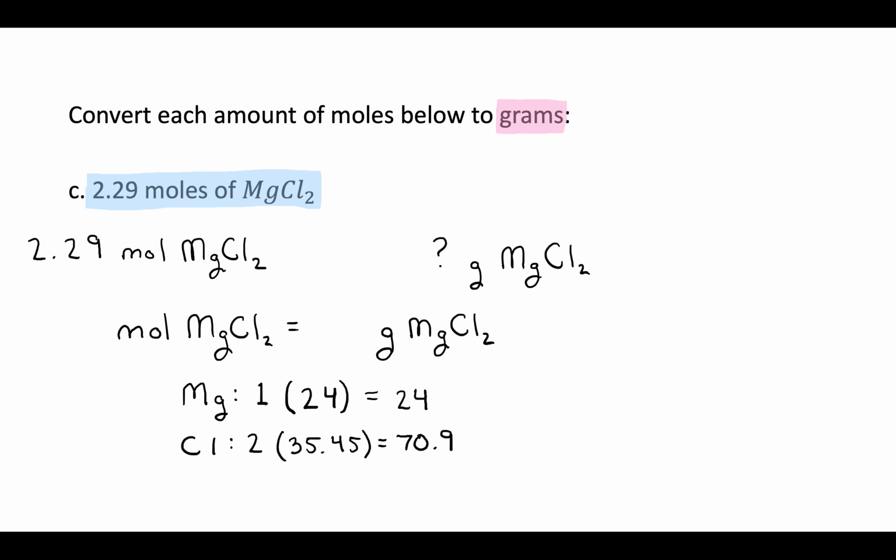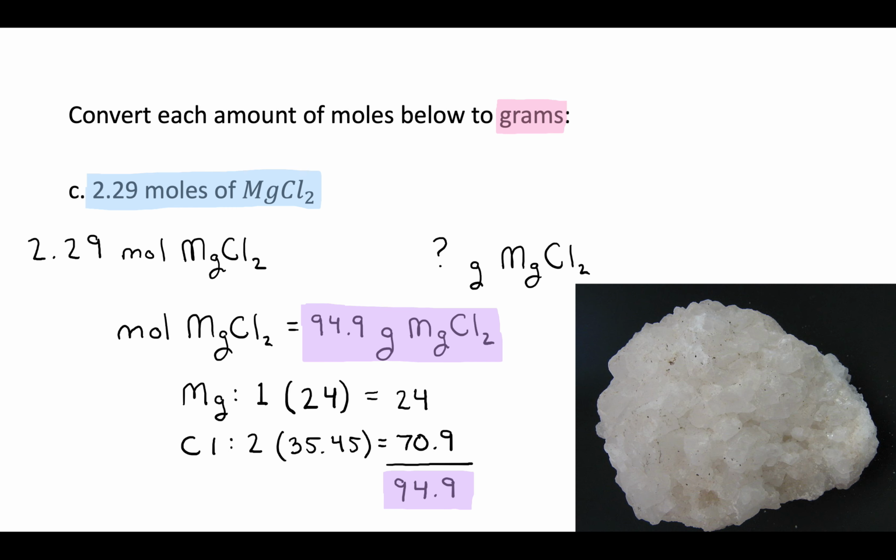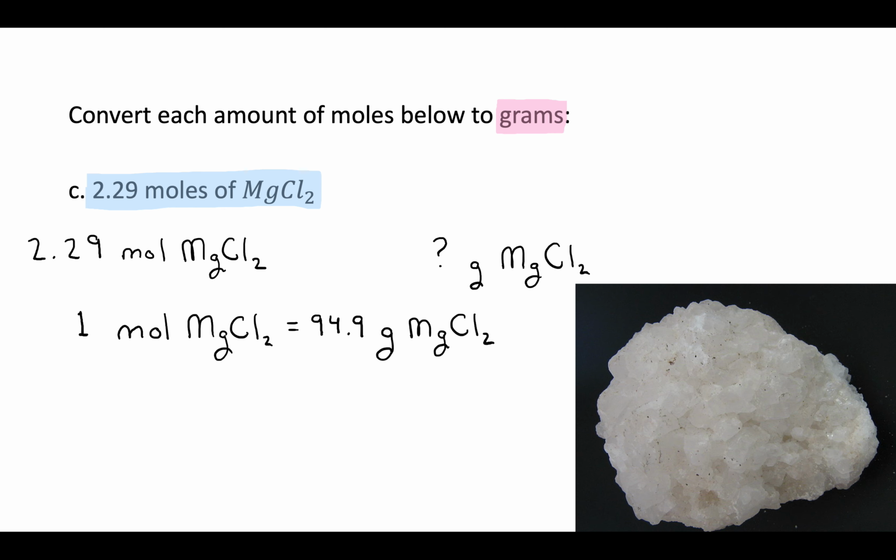Okay, so each mole of MgCl2 has 24 grams coming from the magnesium and 70.9 grams coming from the chlorines. Altogether, that is 94.9 grams. So there are 94.9 grams of magnesium chloride in every 1 mole of magnesium chloride. So that gives us our conversion factor.